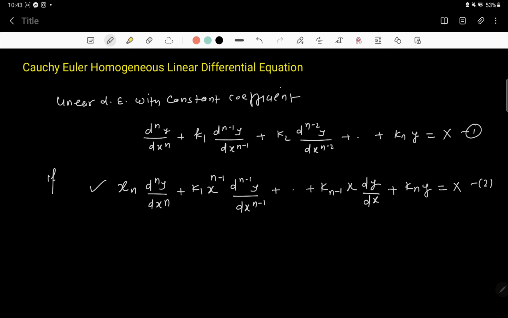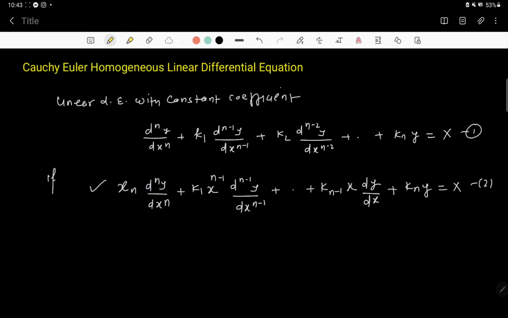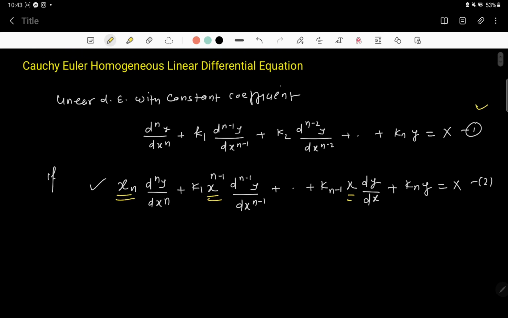So what we observe here is the extra terms x^n, x^(n-1) and x are coming, which were absent in the constant coefficient case. So it is Cauchy-Euler homogeneous linear differential equation.